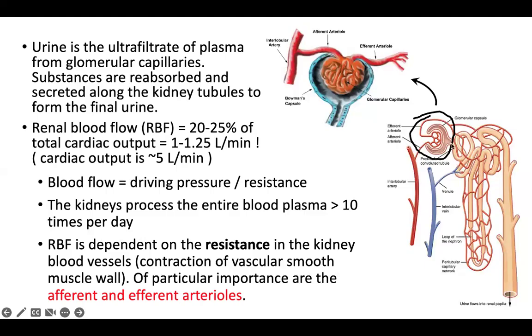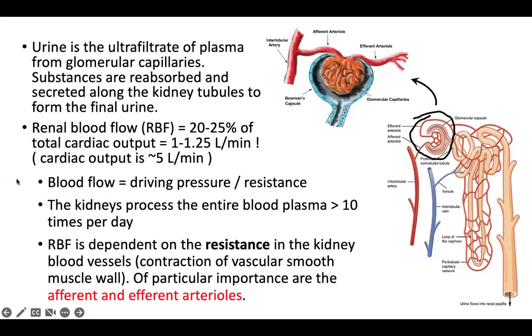And then it's going to be moving along the proximal convoluted tubule, to the loop of Henle, to the distal convoluted tubule, and then the collecting duct. And then finally, the final urine product flows into the papillae, down to the ureter, and into the bladder.